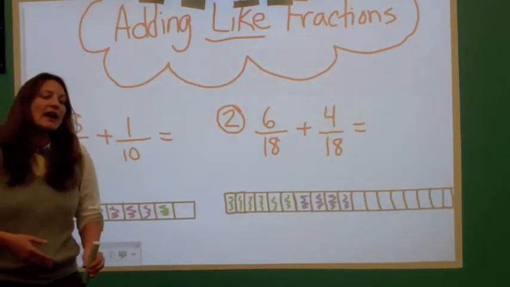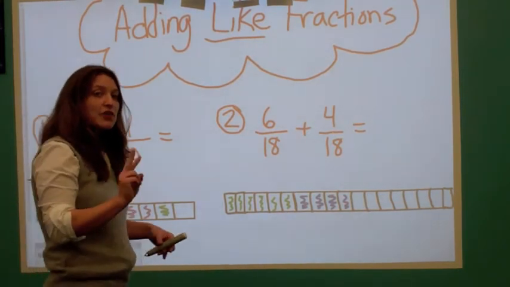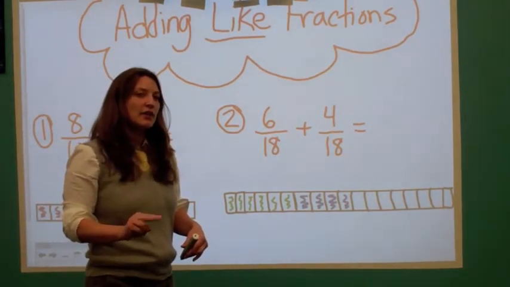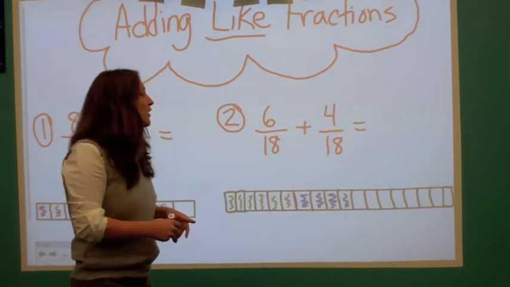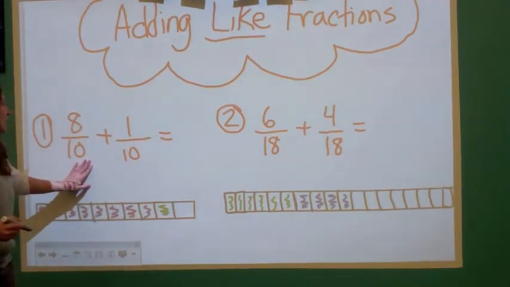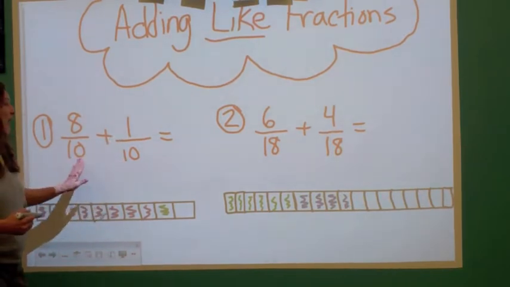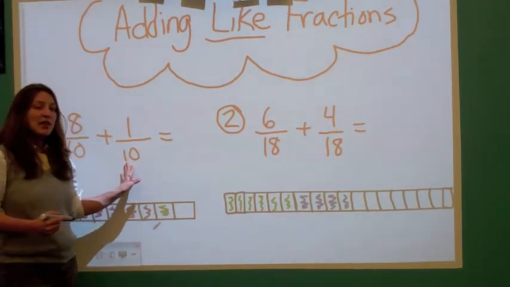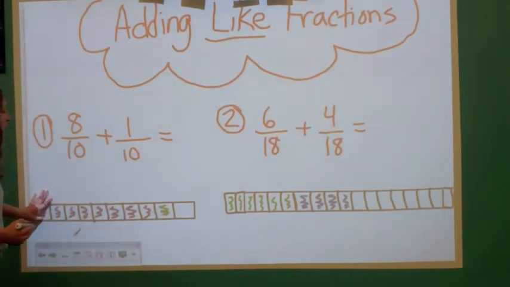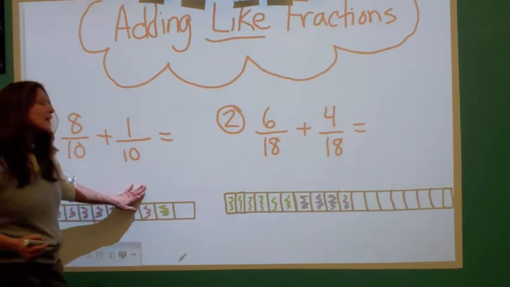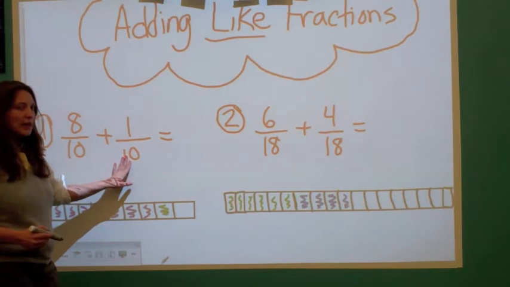Let's just go back to when we were in third grade and we added two like fractions. Remember, the like fractions both have the same denominator. So in example number 1, both 8/10 and 1/10 have 10 in the denominator, which make these two fractions like fractions. I drew a bar model to show you what 8/10 would look like and what 1/10 would look like.